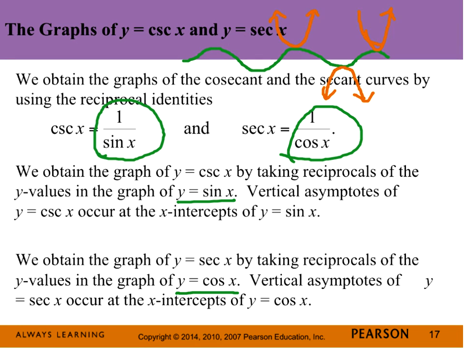So you're going to be making the same type of picture with cosecant and secant. It's just going to be shifted because we know that sine and cosine look exactly the same, except that they just start at different places. And when I say start, I guess I mean like starting their period either one above the x-axis or on the x-axis.